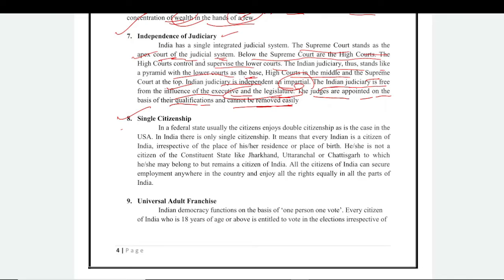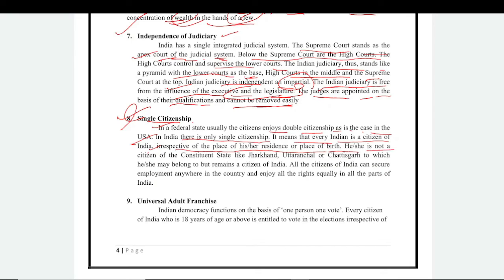The eighth salient feature of the Indian Constitution is single citizenship. In a federal state, usually the citizens enjoy double citizenship, as is the case in the USA. In India, there is only single citizenship. It means that every Indian is a citizen of India, irrespective of the place of his residence or place of his birth.